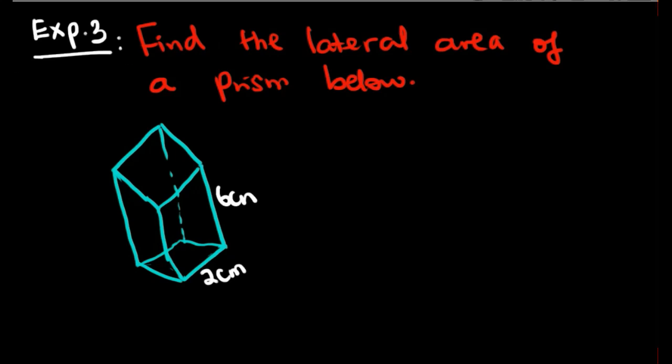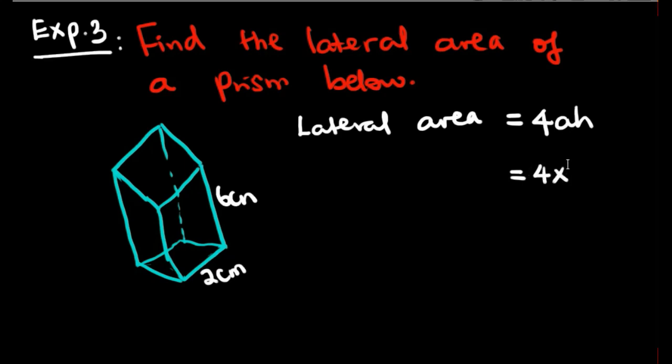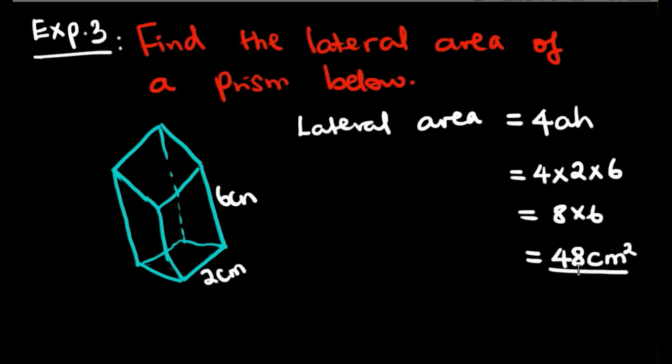So this means that we will get our lateral area as 4AH. So this gives us 4 times A, which is 2, times H, which is 6. So this gives us 8 times 6, and this is 48 square centimeters.